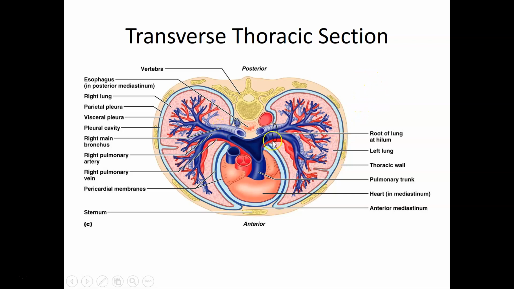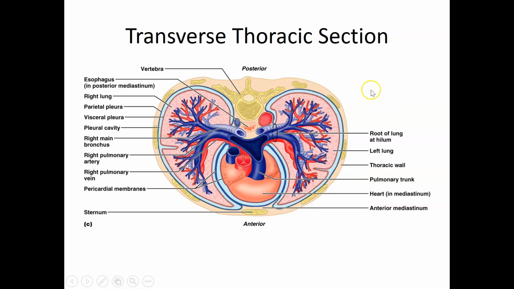These tubes, the main bronchus, pulmonary artery, and pulmonary veins, gather together, and they're called the root of the lung. Where they enter is an indentation on the medial surface of the lung called the hilum. The root of the lung is located at the hilum, and that's seen on both the right and the left side. The slide also illustrates the serous membranes in the thoracic cavity.